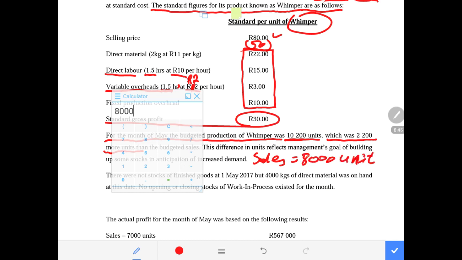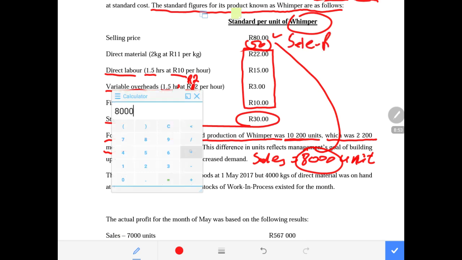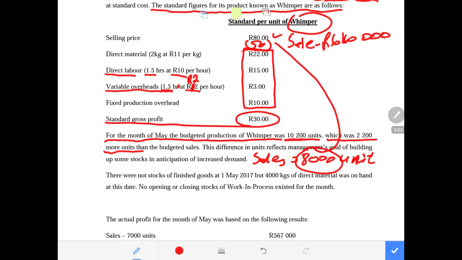So now, if we do have our budgeted sales, and we also do have our selling price, meaning the sales value in total will be 8,000 times 80 rand, meaning it will give us 640,000 rand as our budgeted sales value for the given month that we are doing the budget for, being the month of May.